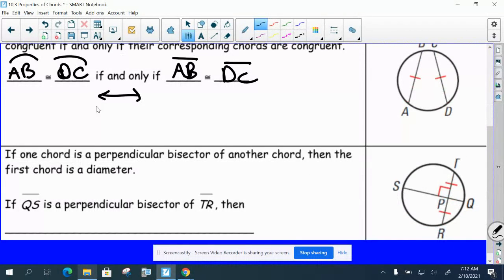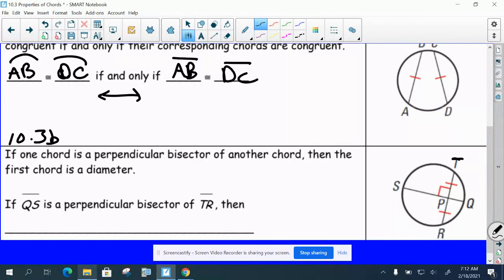And then this next one we'll call 10.3b. If one chord is a perpendicular bisector of another chord, so here, if SQ is a perpendicular bisector of, we'll assume this is TR, then the first chord is a diameter. So SQ would be the diameter in this case.